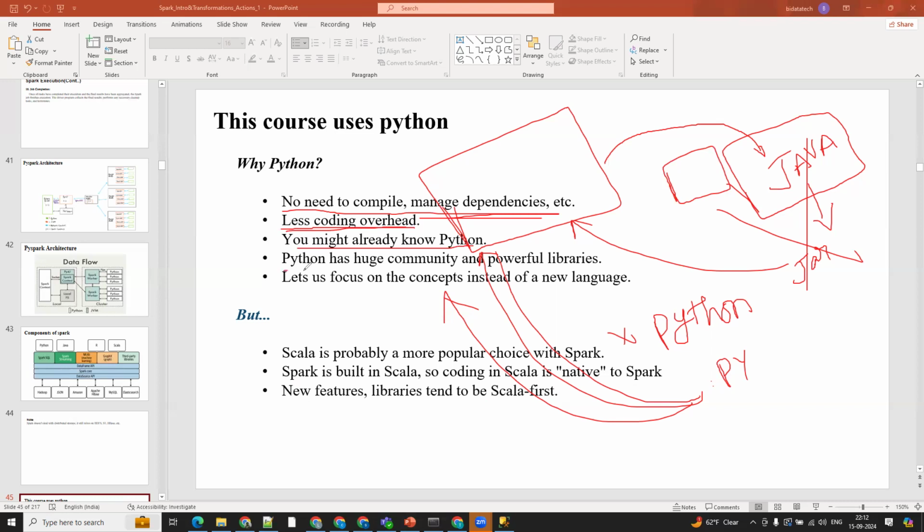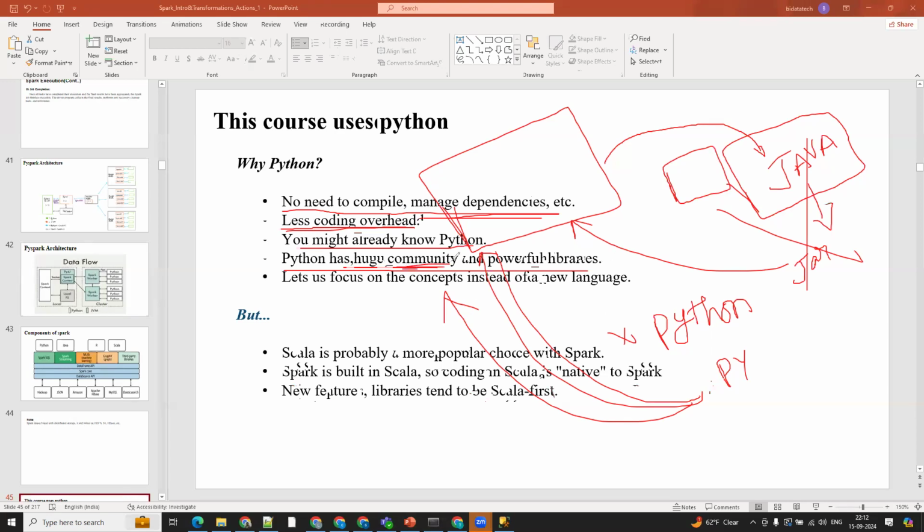Okay. And Python has a huge community and powerful libraries. Python has lakhs of libraries, guys. And it has a very big community. You know what the advantage of this community is? If you get into any issues and post it in a community group, any other person who faced that problem can give the solution to that problem.